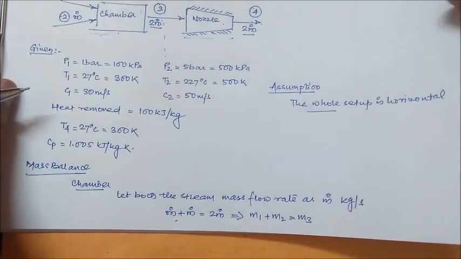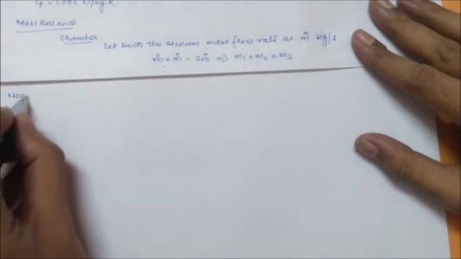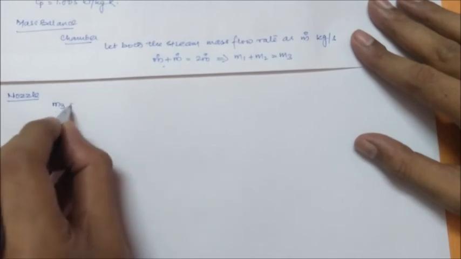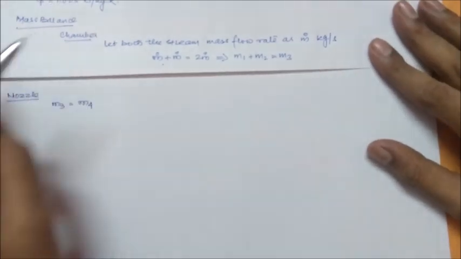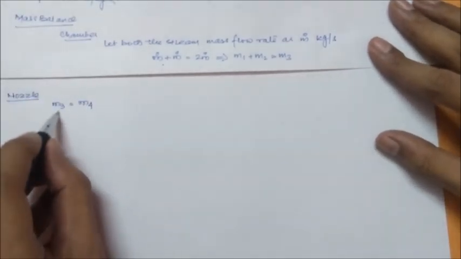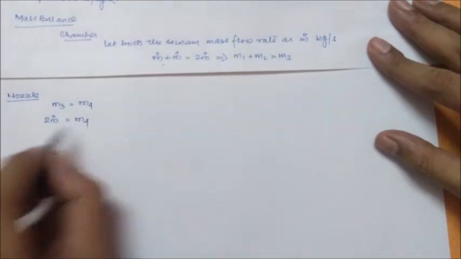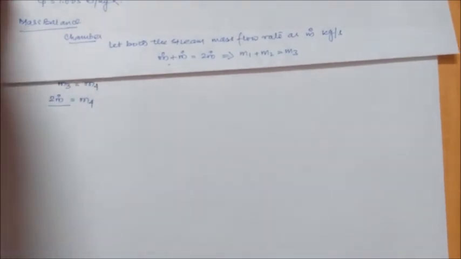Okay, now for the nozzle, m3 should be equal to m4, mass balance, right? And m3 is 2 m dot. Then m4 will be the same as m3, right? So we got this also.